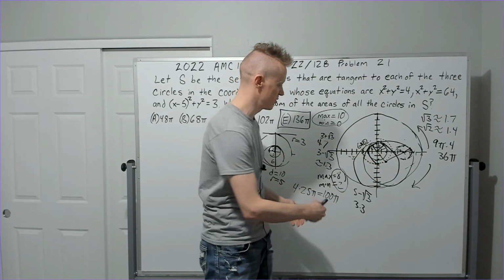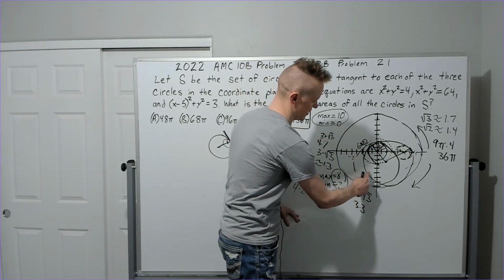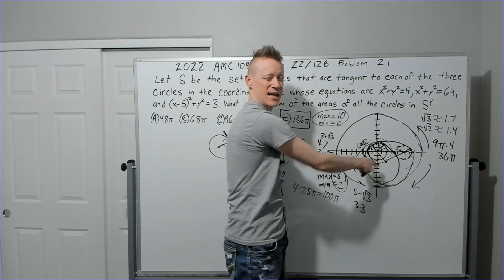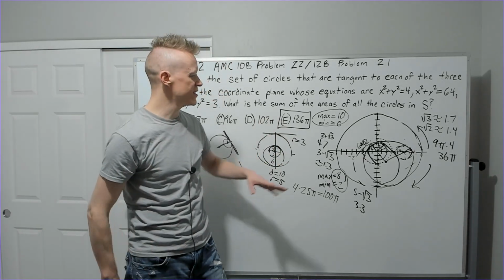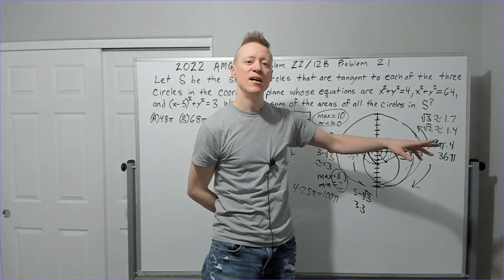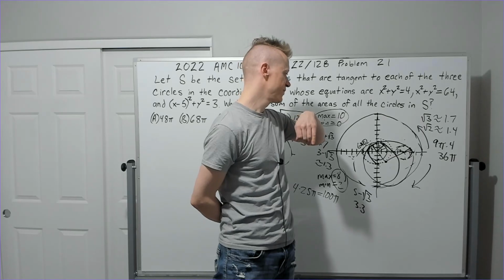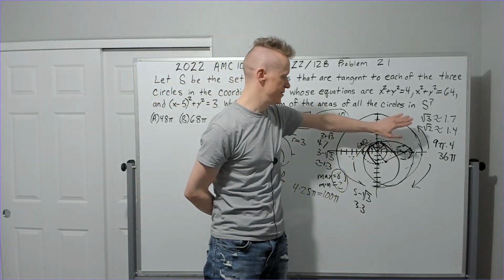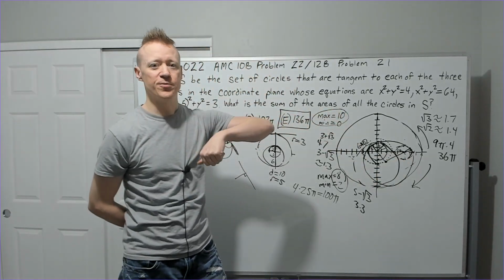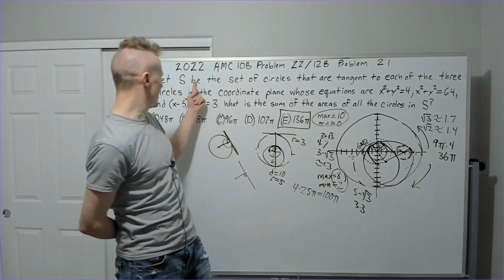This one right here, the first one we drew, the one that's coming down here. Could you find this x value? How could we find it? What if they altered the question to say, find the sum of all of the, I don't know, positive x values or x values in the 4th quadrant that are the centers of the circles in set S?